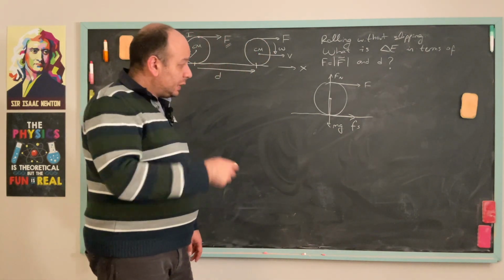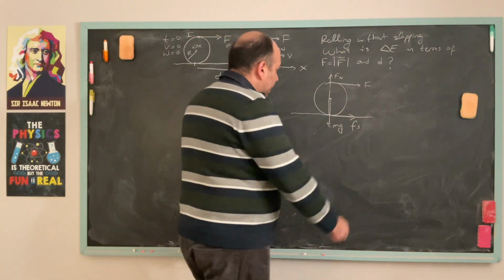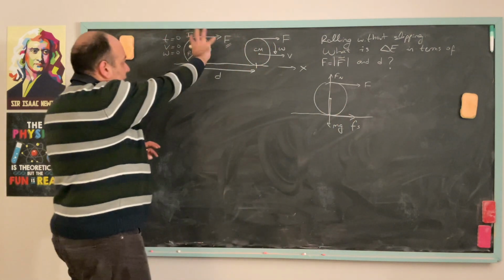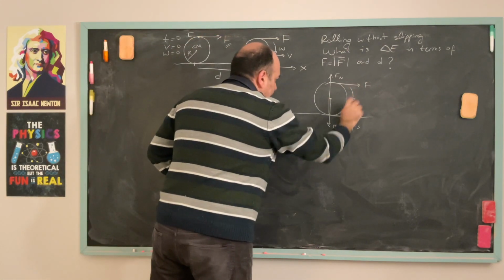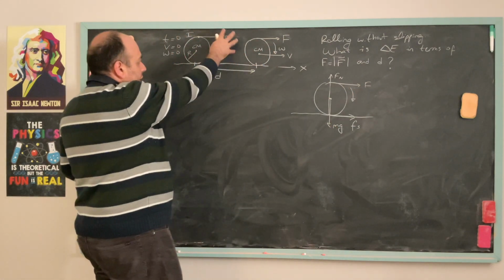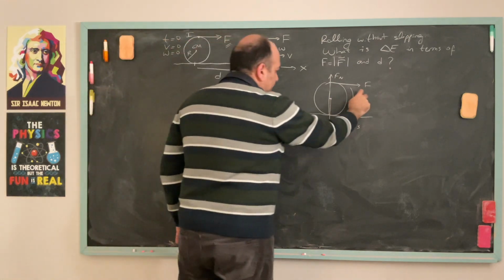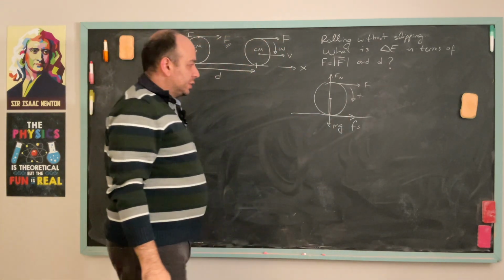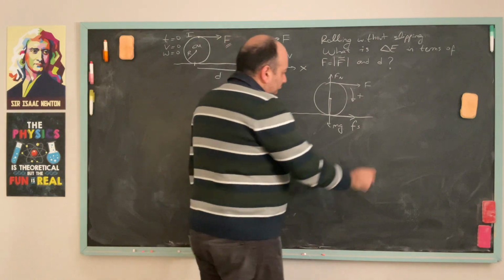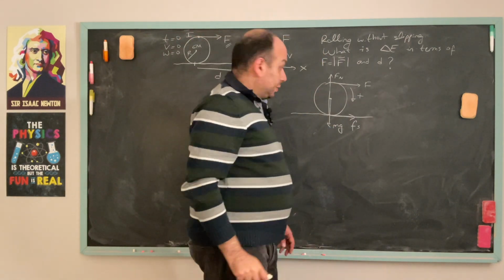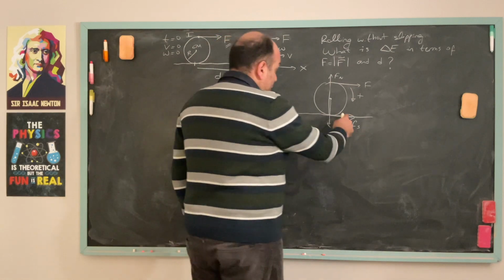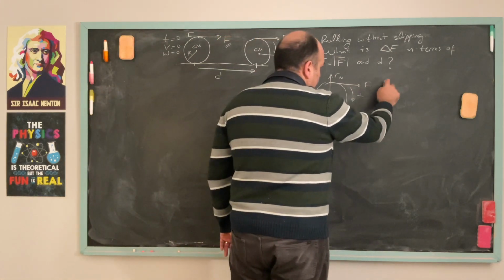Good. Now let's write down the torque equation. This system rotates like that, so at any given time t, my omega is going to be like this. I'm going to choose this direction to be my positive direction. Meanwhile, it's also moving to the right. I already chose x to be my positive direction to the right. Now the torque equation, let's call it rotation.